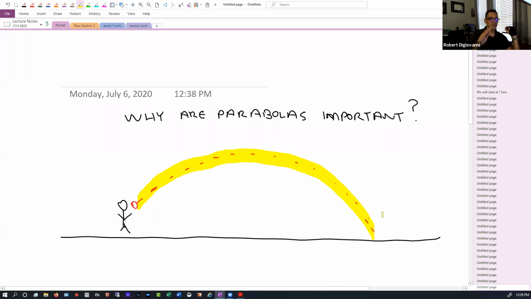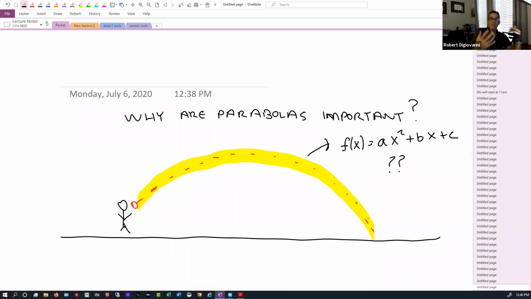It's never a straight line. There's always a curve to it because of gravity. So for every object that's thrown on Earth, there is some quadratic function that tells you everything you need to know. We don't know it right off the bat, but for every parabolic path, there's always some quadratic function that would tell you all the information you need about every point on that path.